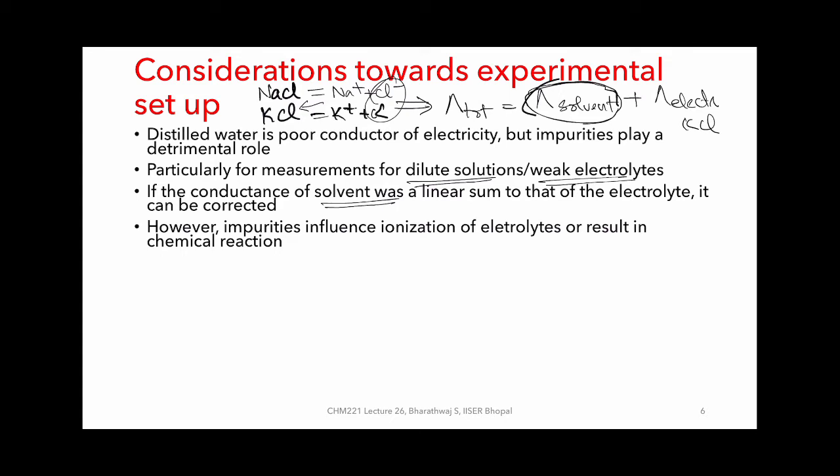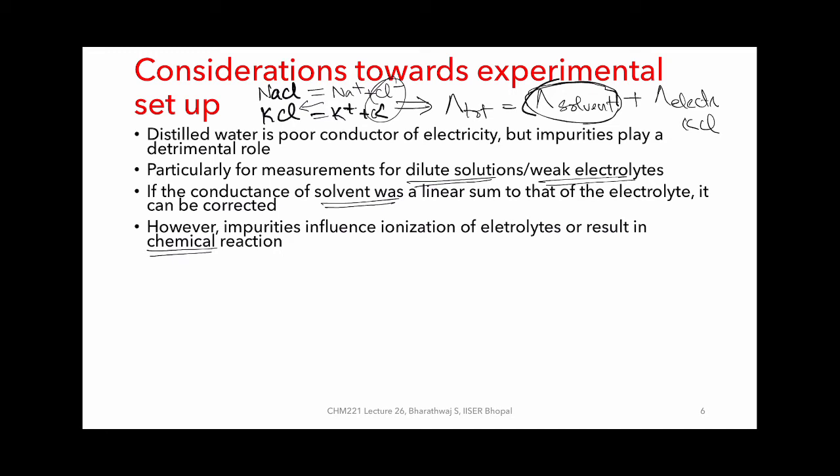So due to this, you might not end up measuring the pure conductance of KCl in the presence of NaCl as impurity, which causes erroneous measurements. Or on the other hand, what could potentially happen is that the impurity might end up causing a chemical reaction.